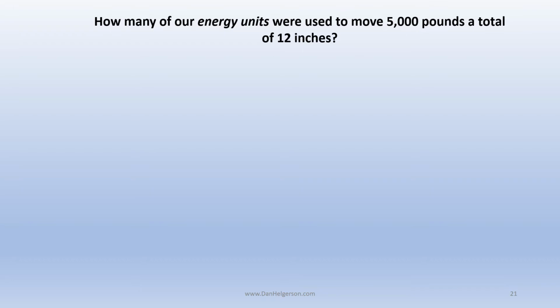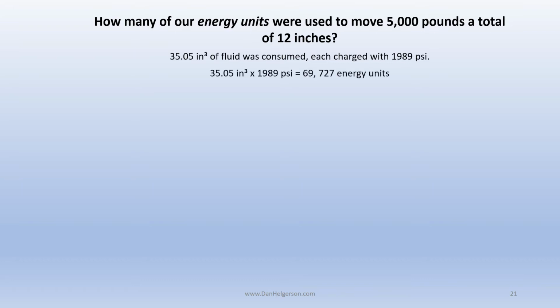How many of our energy units were used to move the 5,000 pound load, a total of 12 inches? Well, 35.05 cubic inches of fluid was consumed, each charged with 1,989 psi. 35.05 cubic inches times 1,989 psi equals 69,727 energy units.